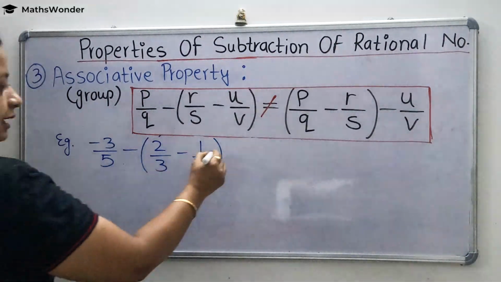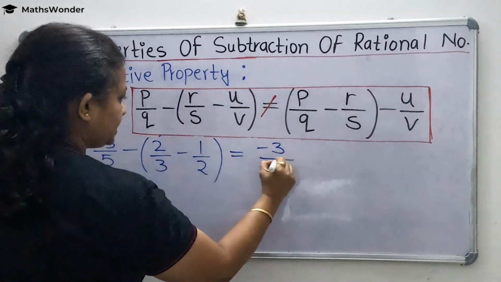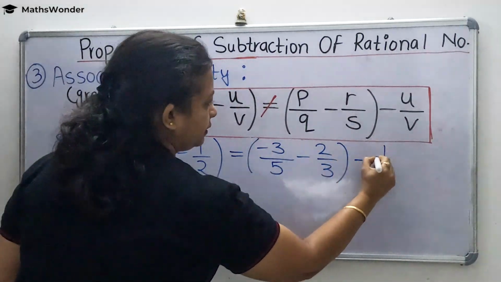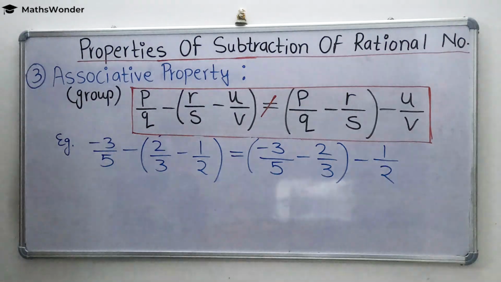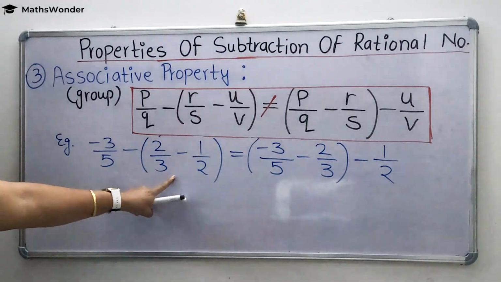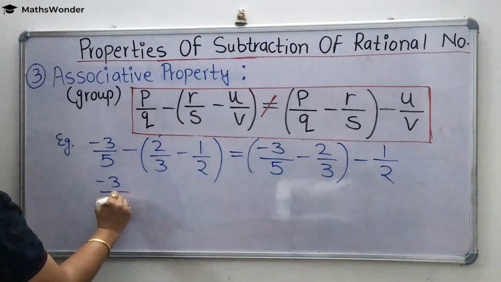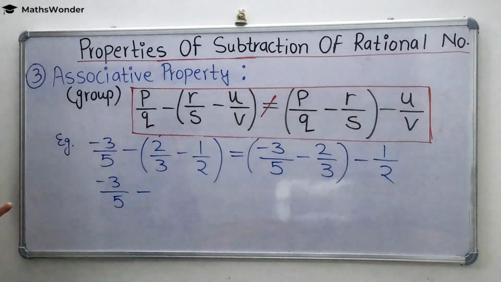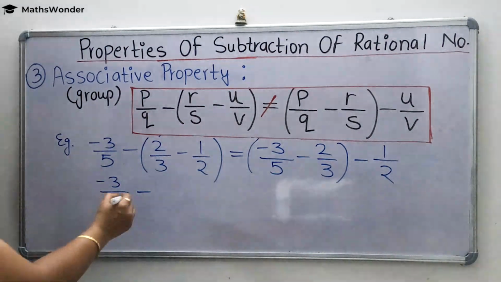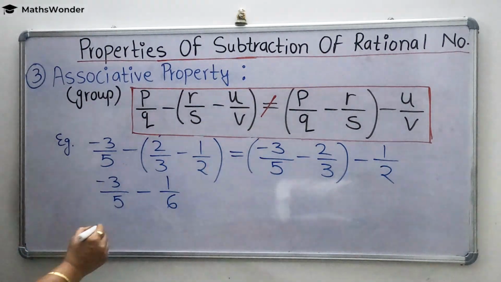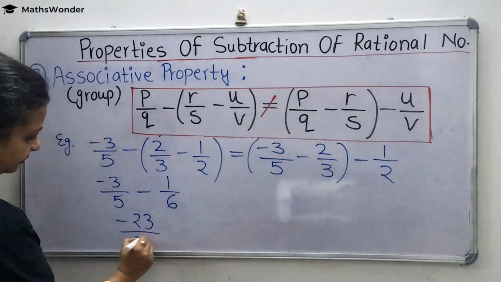After that you will solve this. Now if we change the parenthesis in this order, then check your answer on both sides, you will get a different answer, okay? If we find this parenthesis first, this parenthesis will give your answer directly, 1 over 6, and when you solve this you will get negative 23 over 30.